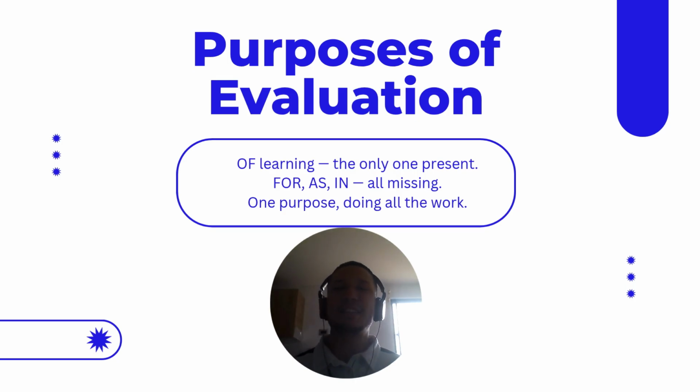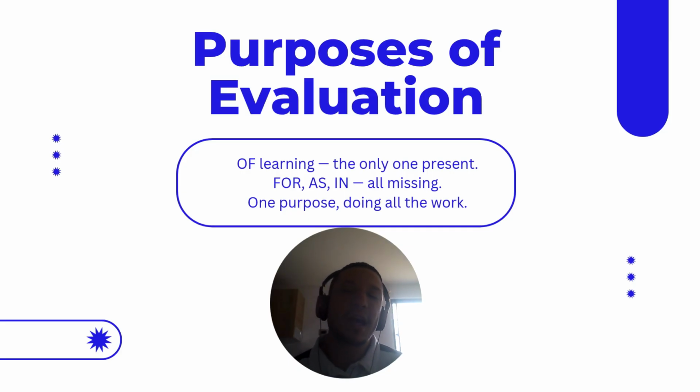Let's look at this through the four purposes of evaluation. Evaluation of learning, measuring what was learned, is the only purpose present here, one single final test. But where is evaluation for learning, feedback along the way before the final grade?